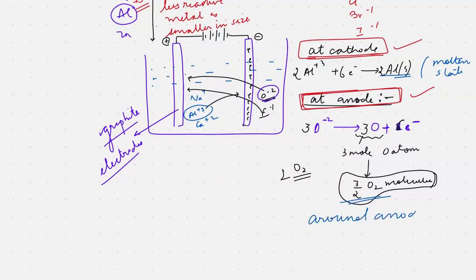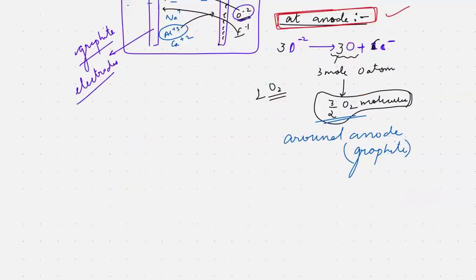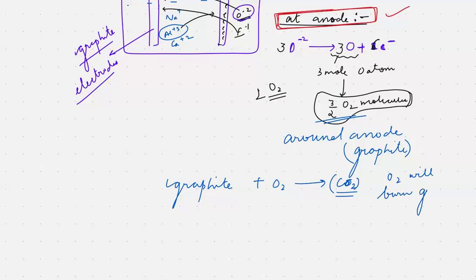And the anode is made up of graphite. So I hope you're understanding that the anode is made up of graphite. So this graphite will basically do what? This graphite is going to combine with oxygen and form carbon dioxide. So O2 will burn graphite. Am I right or no?